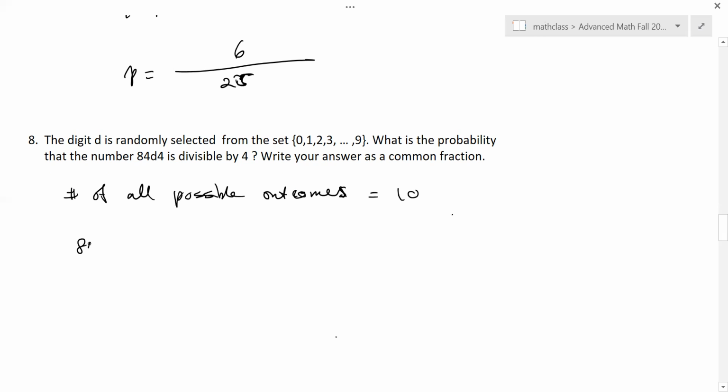Okay, let's take a look at this. Clearly, this is divisible by 4, this is divisible by 4, right? So the number is divisible by 4 only if 10 times D is divisible by 4.